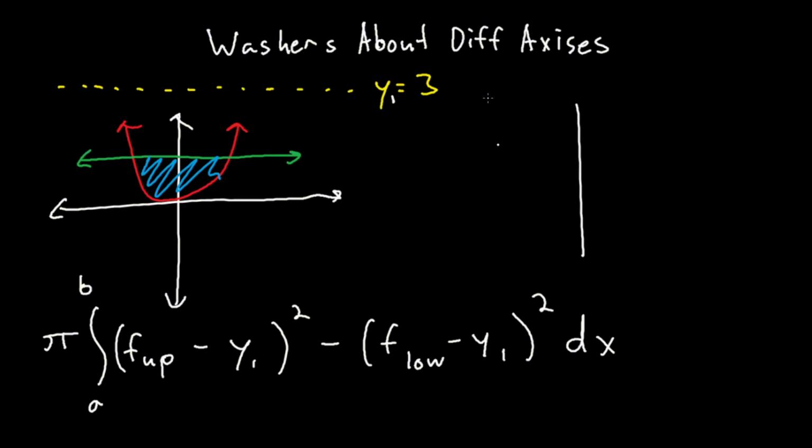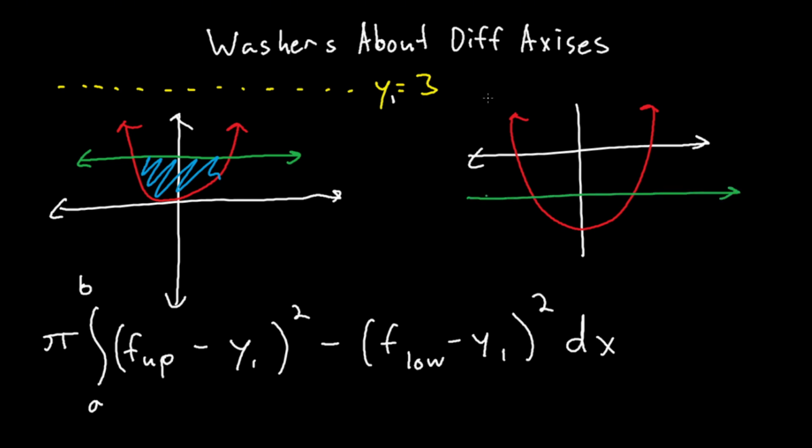So let's see what happens if we move this function down. If we move this parabola downward, it will look like this. And the new region will look like maybe something like this. If we move the parabola down by 3 y values, look what happens. Our region is now below the x-axis.